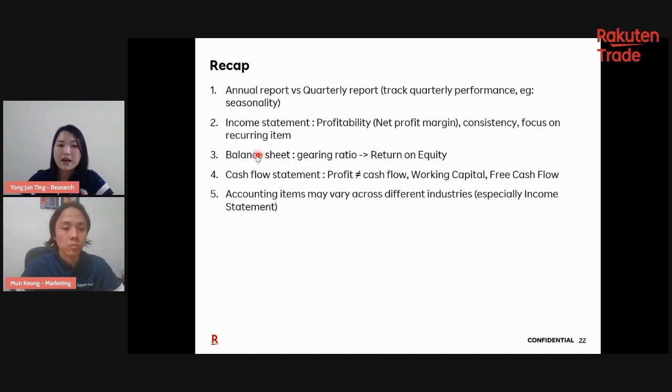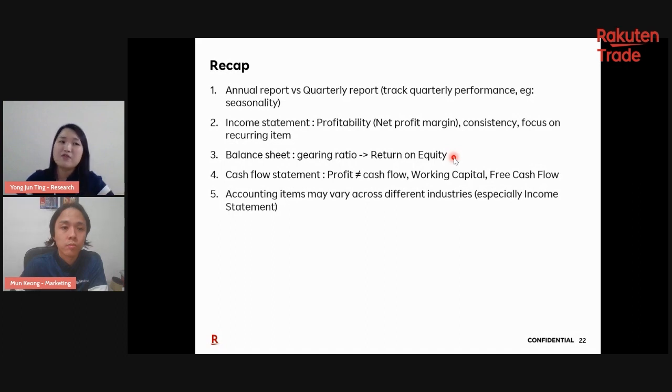Okay. Then the balance sheet shows the debt level of a company, and return on equity is a combination of the income statement and balance sheet. It shows how well the company utilizes the money raised from investors to generate profit.